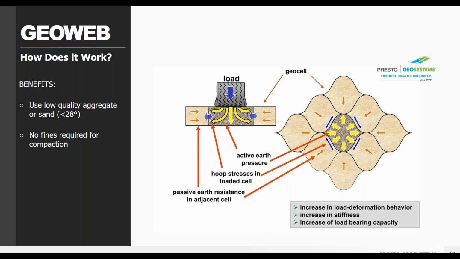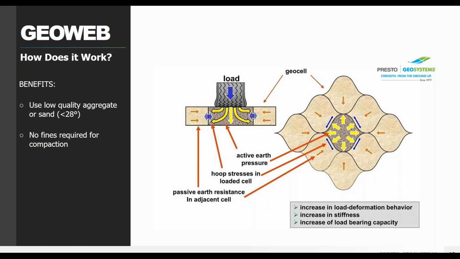And when being confined, the soil or the material within that loaded cell responds passively. The infill is limited in its movements. Those are those yellow arrows. The cells adjacent to that loaded cell provide the passive resistance, so the red or the orange arrows going back in. And then also the load is dispersed over a greater area into the lower layers.